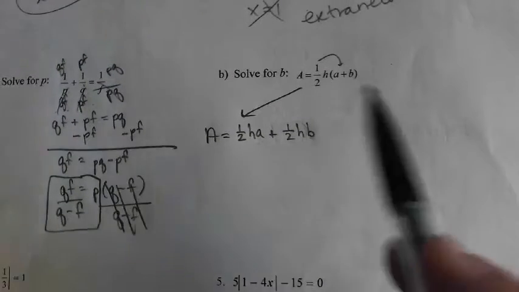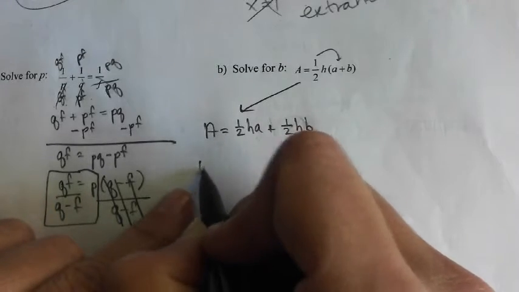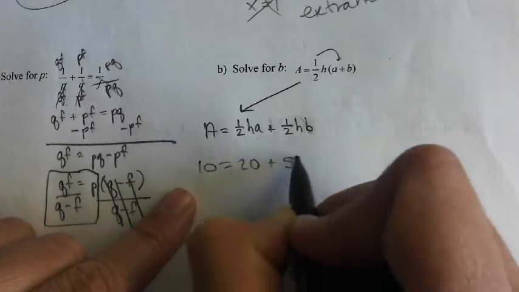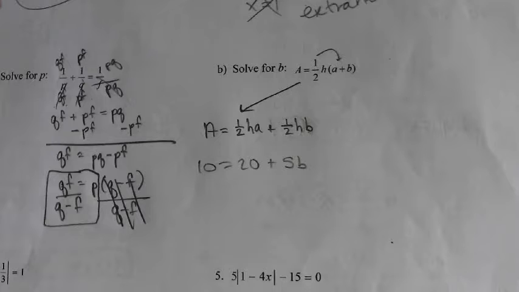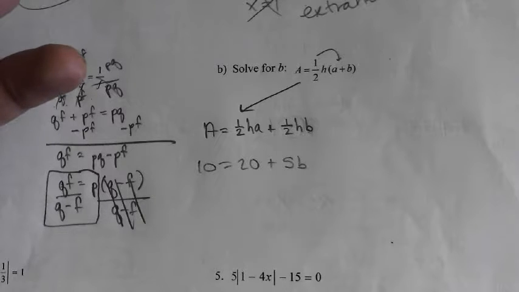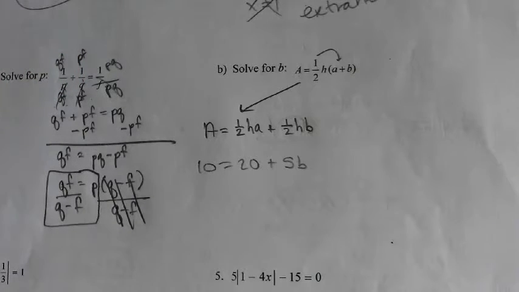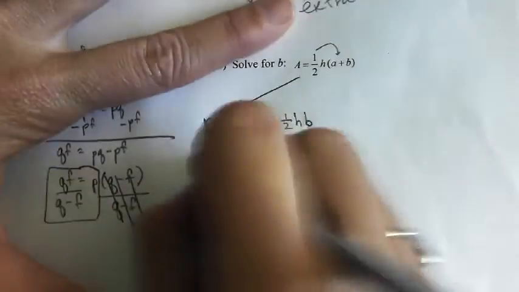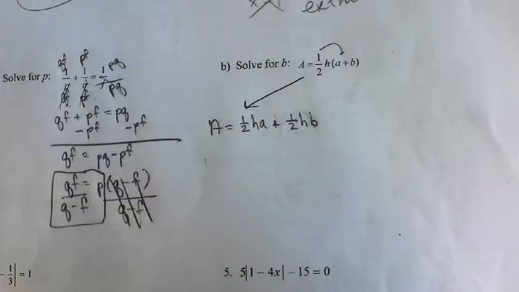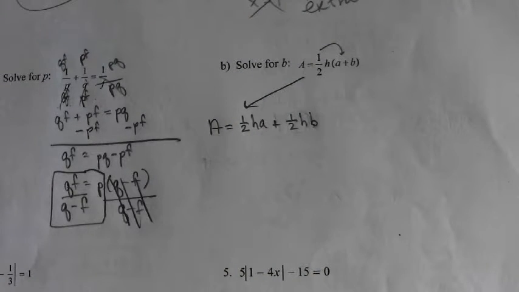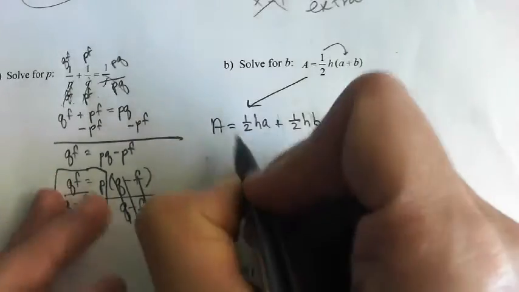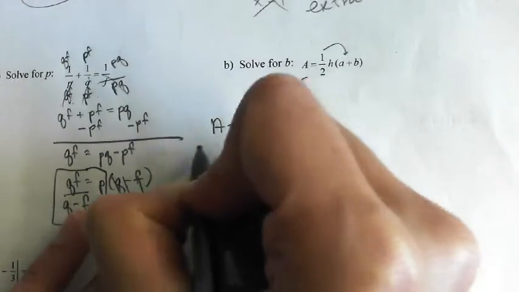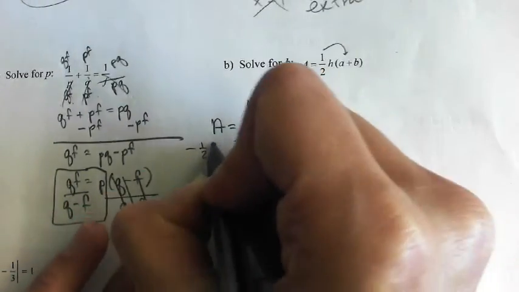What would you do if you ever did have 10 equals 20 plus 5B? What would you do next? Would you get rid of the 20? Yes, right? So when everything is concrete in numbers like you're used to seeing, it's a no-brainer. So if you ever need a technique to guide you, just make everything else a number and think through it. So if you would have subtracted this term, that's what you're going to subtract here.